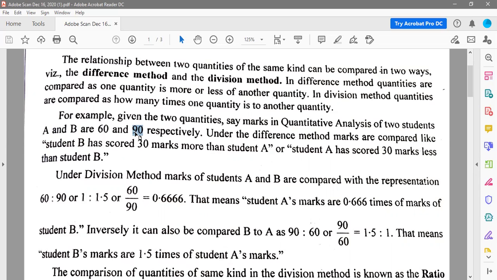We have taken the person who has scored more marks and we are comparing with the person who has scored fewer marks.